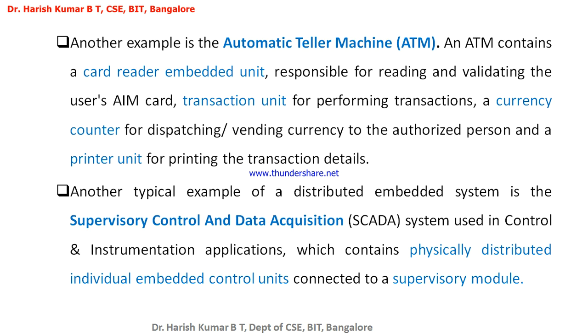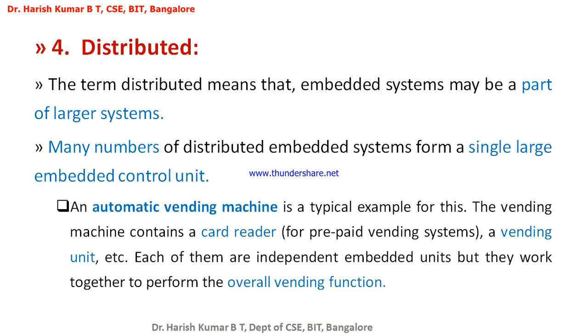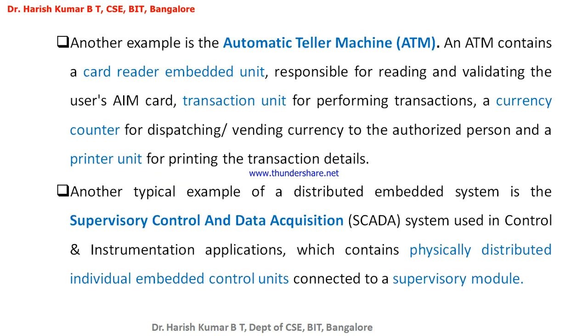Another example you can give is a supervisory control and data acquisition, SCADA, system, which is used in control and instrumentation applications. In the previous two examples, the automatic vending machine and the automatic teller machine, all the components were integrated and made as one single large system.